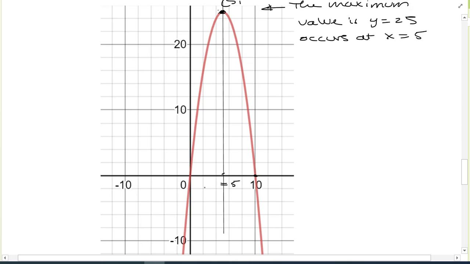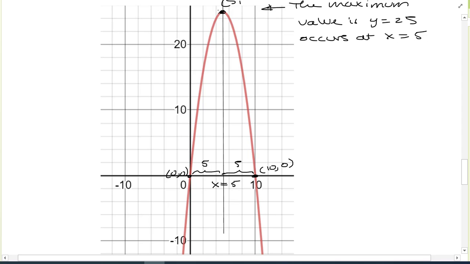With our y-intercept being at (0, 0) and our vertex being at x equals 5, this distance here is 5, and from our line of symmetry we have to go another 5. So the mirror image point will be 5 and then another 5 puts us at (10, 0).